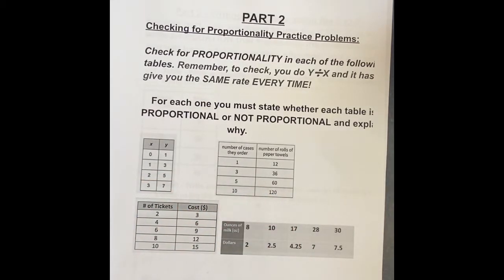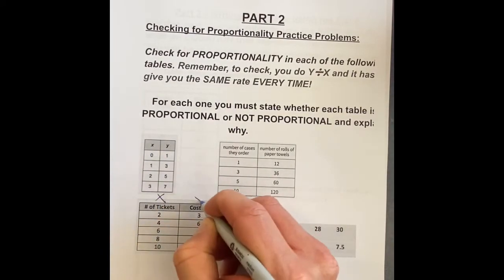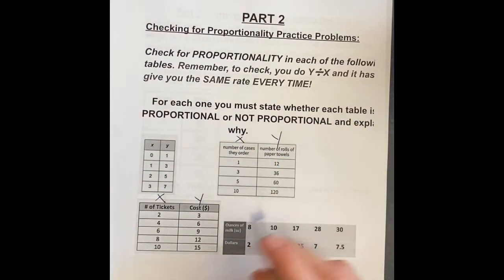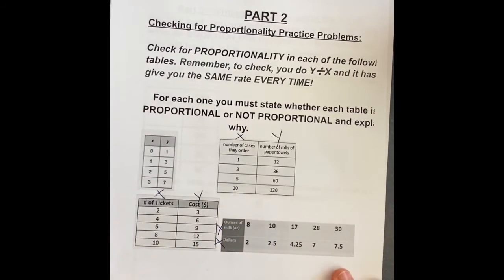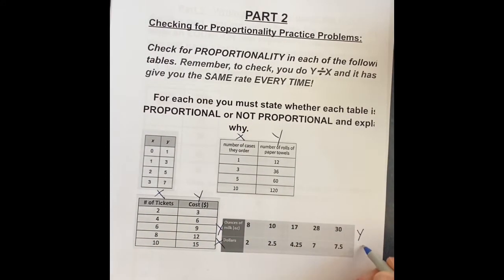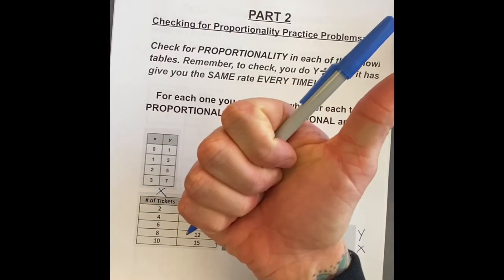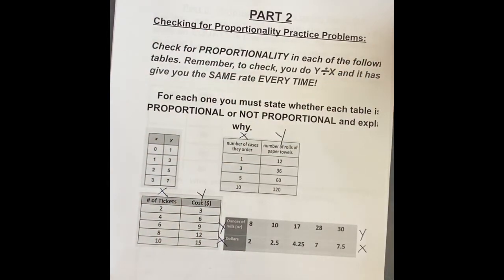Now, just in case we are a little unclear, this one says x and y, and this one, x, y, x, y, ooh, tricky, y, x. Okay? So for each one, you're going to say, is it proportional or not? And explain why. Press pause and go do it.